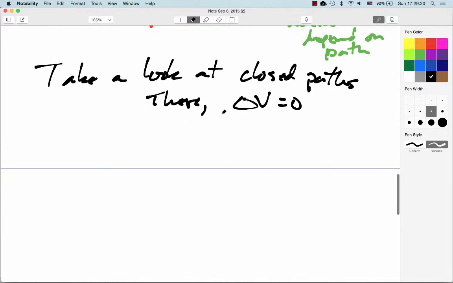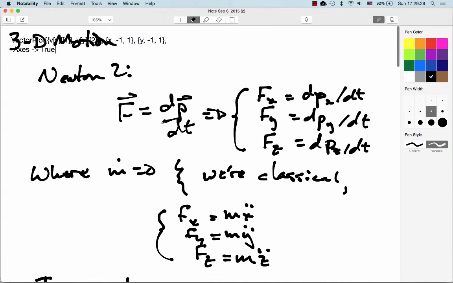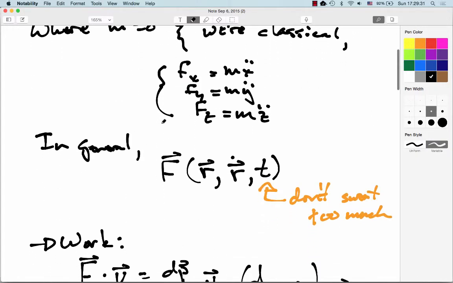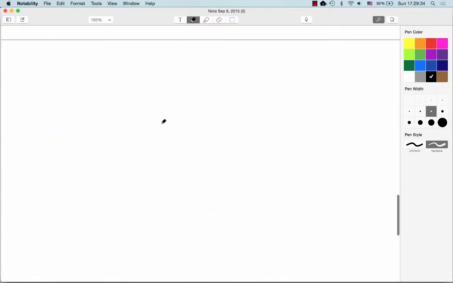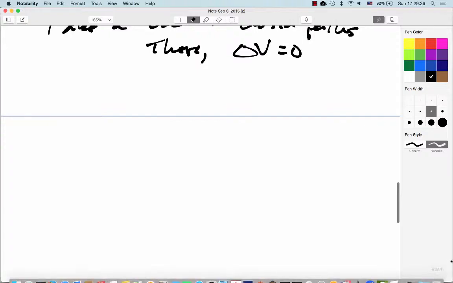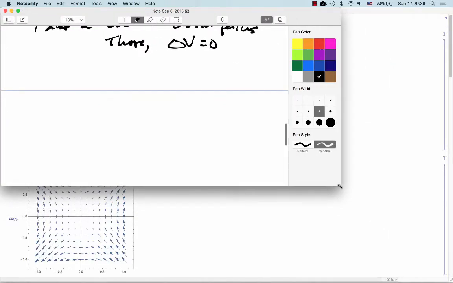So for instance, we could take a look at a force field like, whoa, where did it go? Oh, that's awesome. Let's try that again. We can take a look at a force field like this one, hopefully.